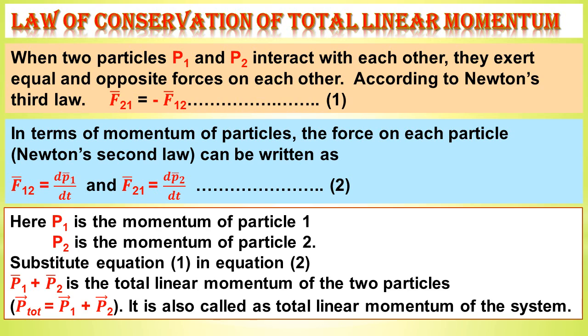Here, P1 is the momentum of particle 1 and P2 is the momentum of particle 2. While substituting equation 1 in equation 2, we get P1 plus P2, which is the total linear momentum of the two particles. Then P total vector is equal to P1 plus P2. It is also called the total linear momentum of the system.